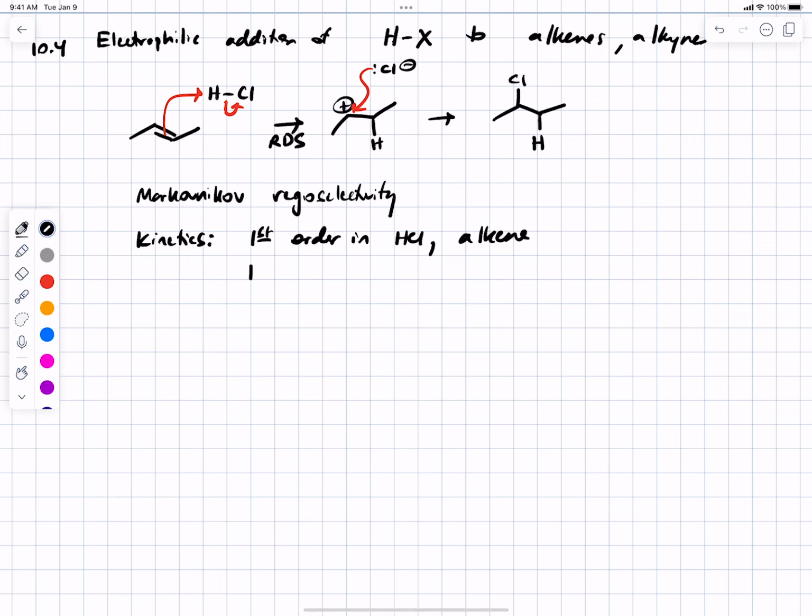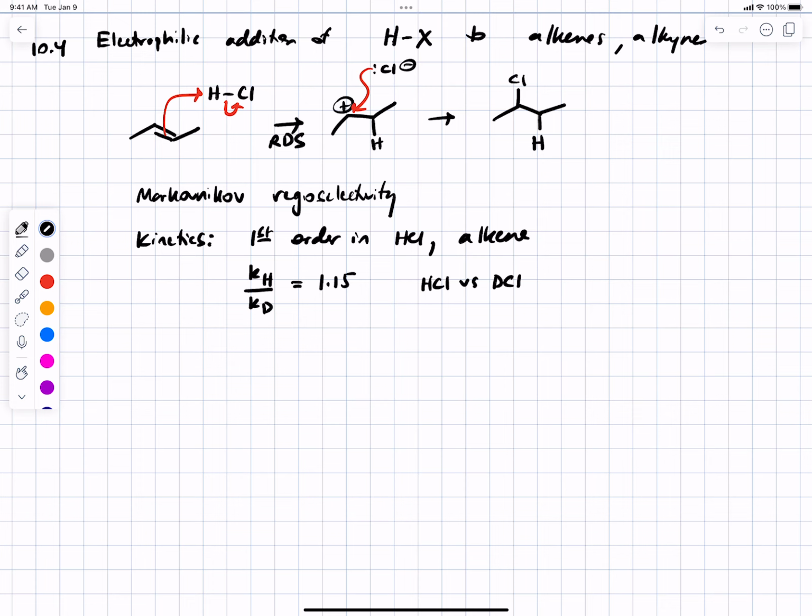The kinetic isotope effect, kH over kD, for hydrogen versus deuterium in the protonation step, for HCl versus DCl, is small. So that's a primary kinetic isotope effect, but it's a small one.